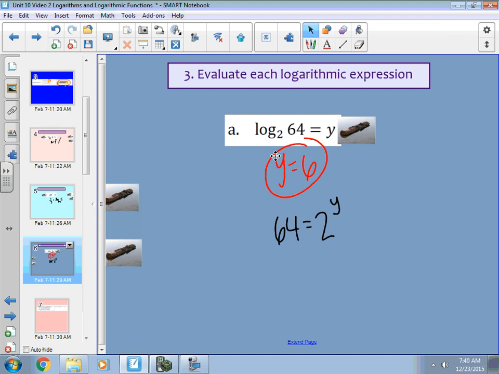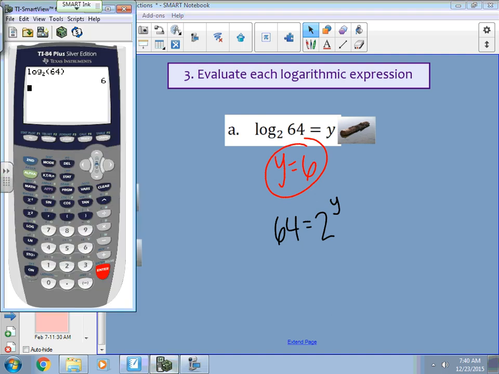Well, if you go on your calculator, you should be able to test out and see what power of 2 that's going to be. So let's try 2 to some powers. Let's try 2 to the, I don't know, let's try 4th power. 16. If we try 2 to the 5th power, you get 32. Let's try 2 to the 6th power, and I think we're going to have a good result here. 2 to the 6th power is 64. Okay, that's why our answer ended up being 6 here.